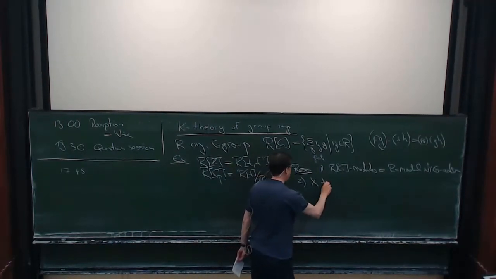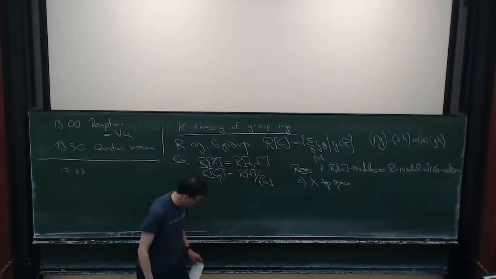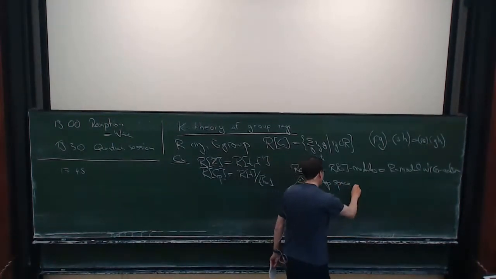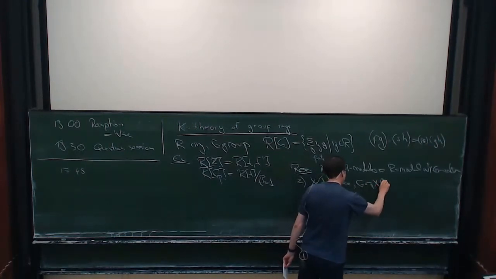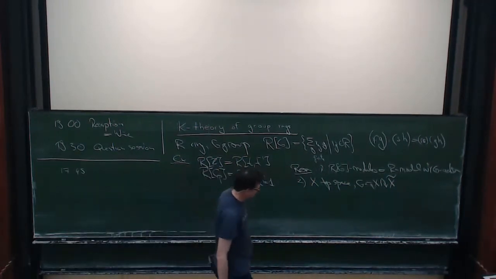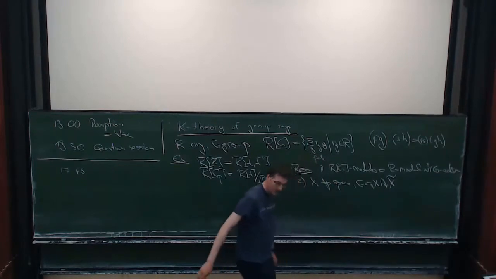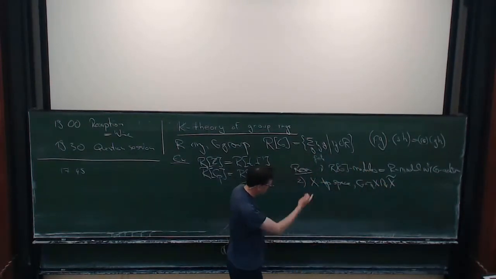If we have a reasonably nice space, then we can form its fundamental group acting on the universal cover, and then all of algebraic topology on the universal cover becomes not linear over Z, but linear over the group ring, right?